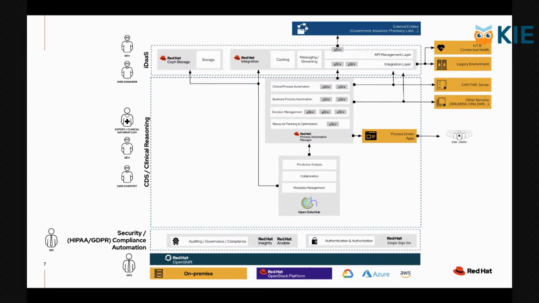So this central layer requires an integration layer that would help us collect data and integrate with other systems in various ways. I mean, providing a way to exchange data using messaging or streaming, storing data in caches, for instance, and also transforming data into certain formats.